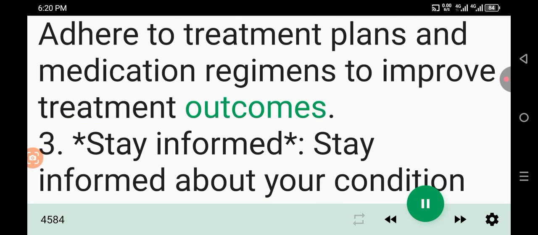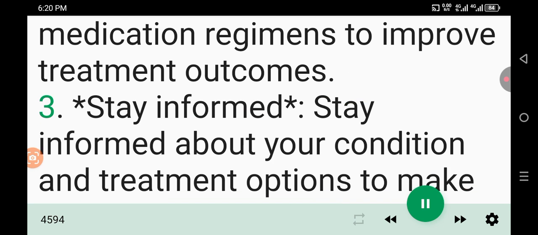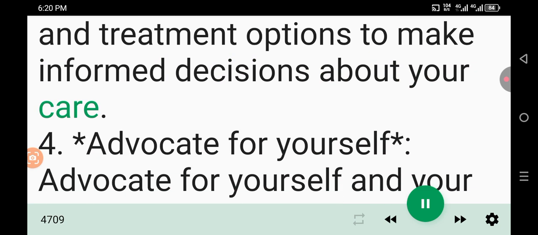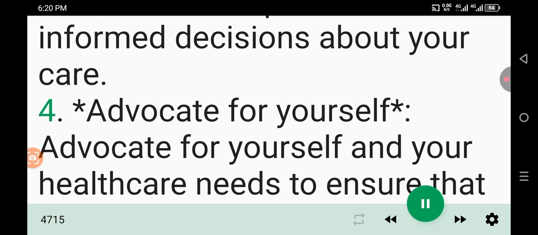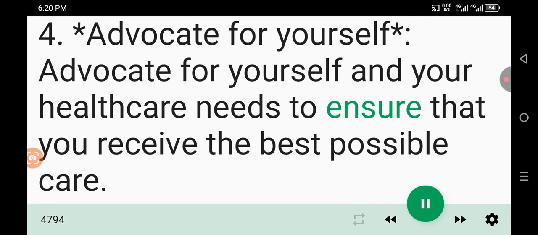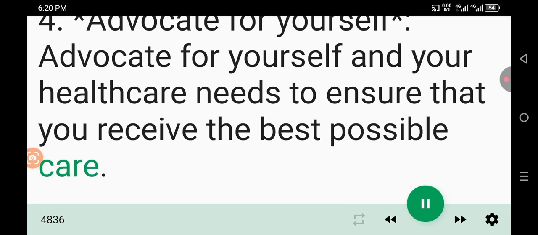Adhere to treatment plans and medication regimens to improve treatment outcomes. 3. Stay informed. Stay informed about your condition and treatment options to make informed decisions about your care. 4. Advocate for yourself. Advocate for yourself and your healthcare needs to ensure that you receive the best possible care.